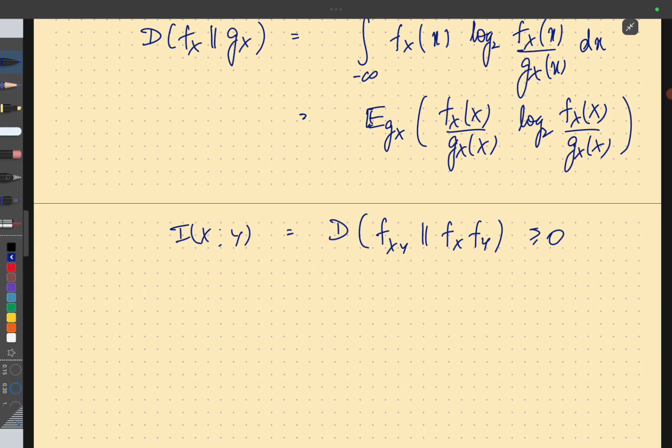And just as we had in the discrete case, all of the chain rules still continue to hold. All of the properties that we've seen, for example the chain rules for discrete entropy and discrete mutual information, still continue to hold for the differential entropy as well as mutual information for continuous random variables.